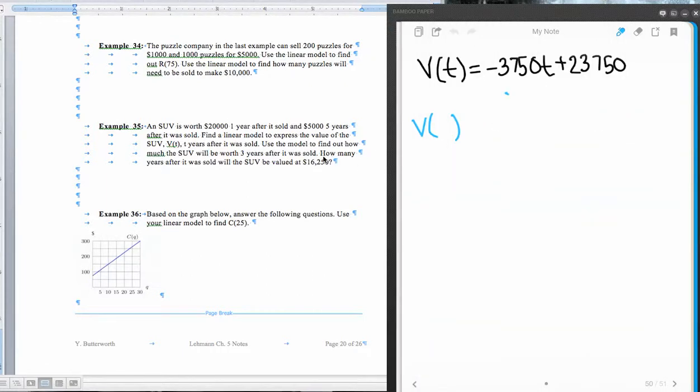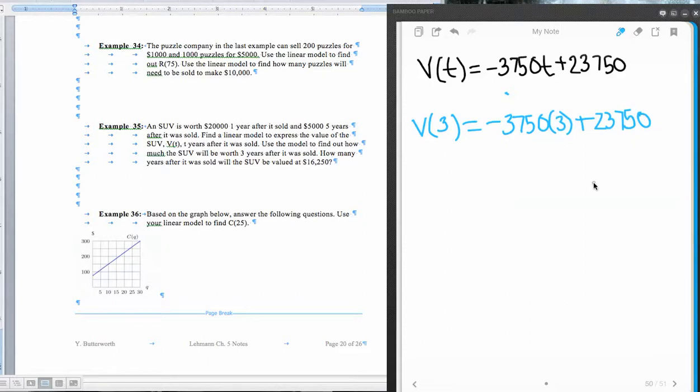Our first question in this says use the model to find out how much the SUV would be worth 3 years after it was sold. So V of 3 is what it's asking us. So that says that V of 3 is equal to negative 3750 multiplied by 3, and then add 23,750 to that.